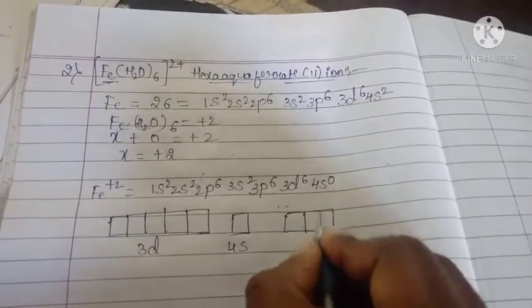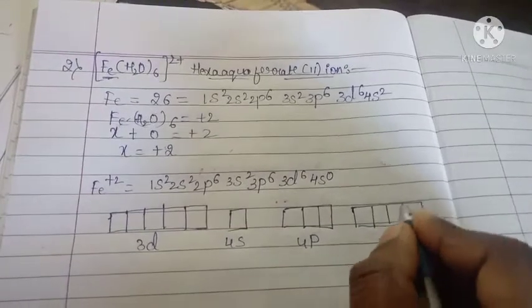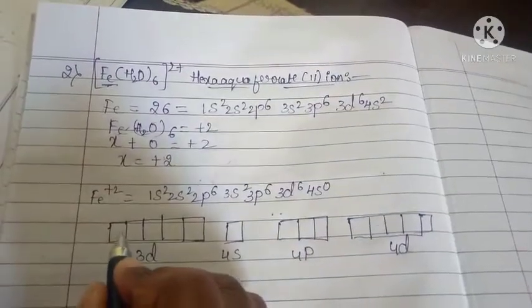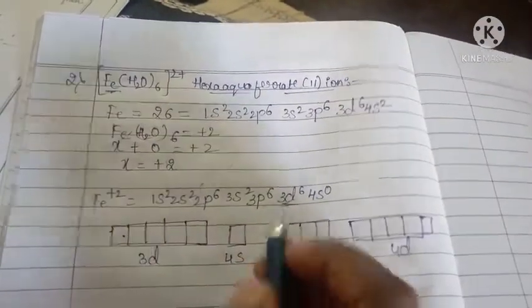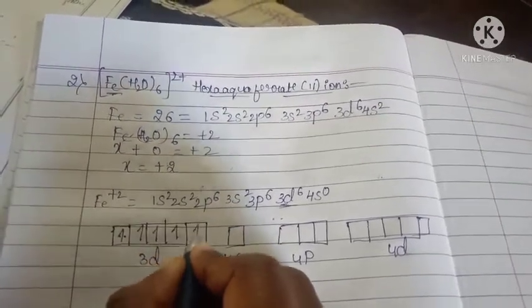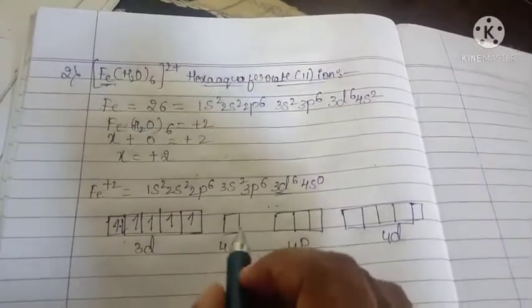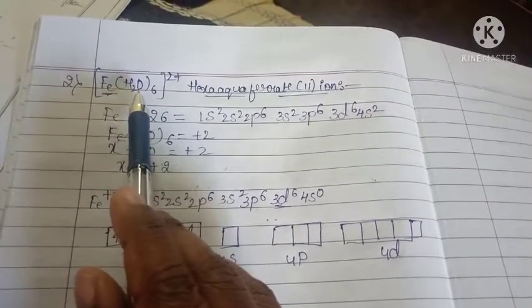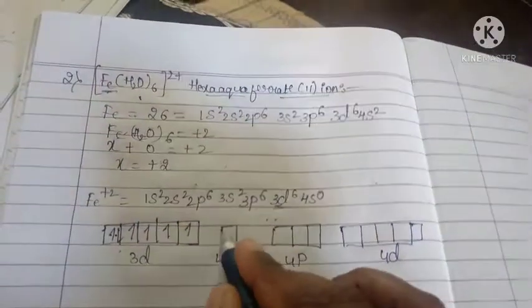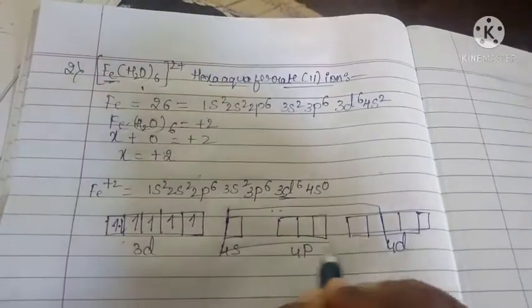Next is 4p. Next 4d. Here why we are taking 4d? Because there is no pairing up taking place. How many electrons are present? 6. 1, 2, 3, 4, 5 and 6. Okay, and here there is no pairing up. How many ligands are there? 6 ligands. How many vacant orbitals do we need? 6 vacant orbitals. Then 4s1, 4p3 plus 2 is equal to 6.